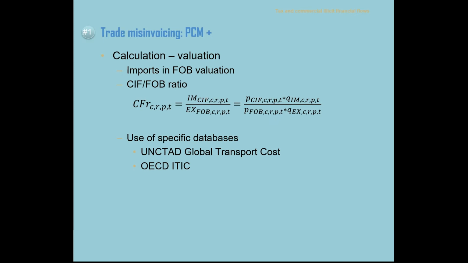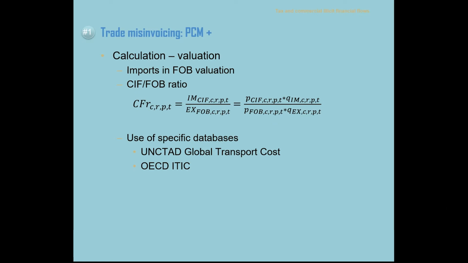So we do have CIF and FOB valuations of imports and exports, respectively, and therefore we need to find a way how to account for those things. There are various ways to estimate the FOB valuation of imports. You know, we could look at the merchandise trade statistics, or we could use the insurance premiums and the freights of the importers and so on.